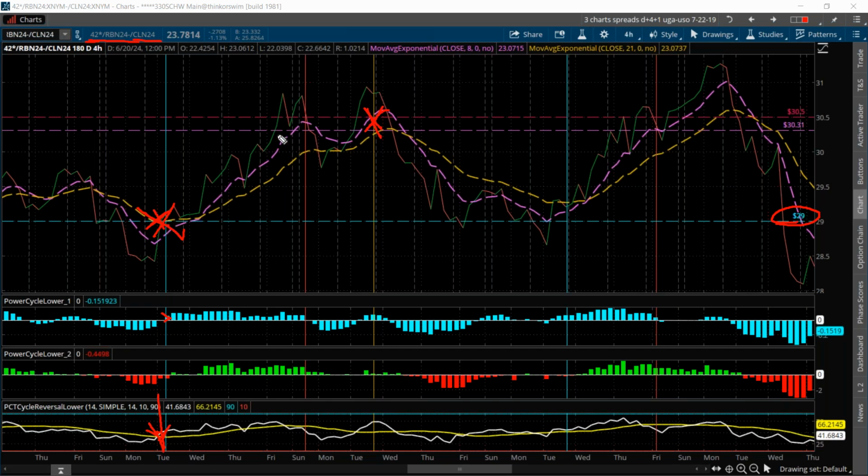And then it goes up, and here would have been the exit. Here it starts breaking a moving average and we start getting negative momentum. See the cycle reversal right there? The momentum starts going down and it breaks that moving average. So the exit would have been right there, at $30.50.